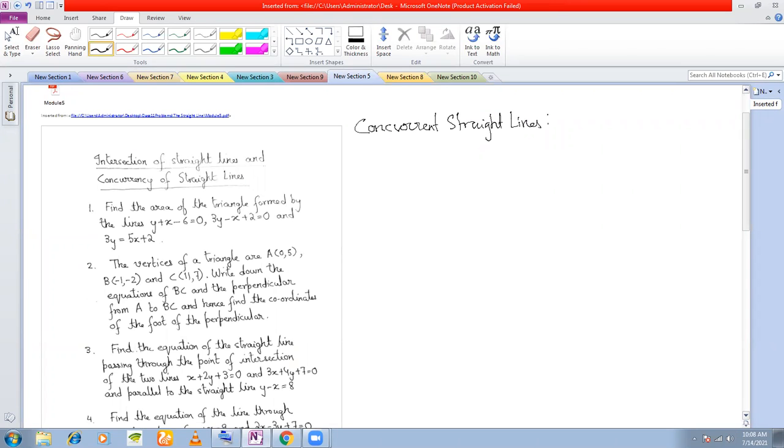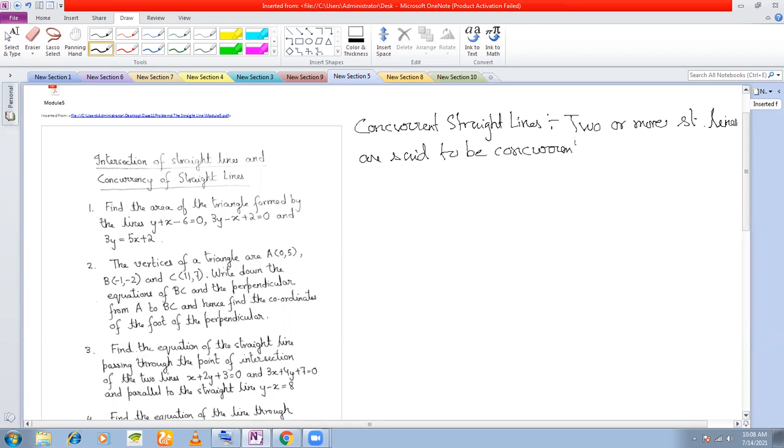Two or more straight lines are said to be concurrent if they have a common point of intersection.